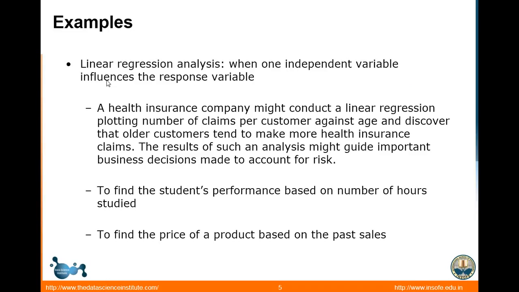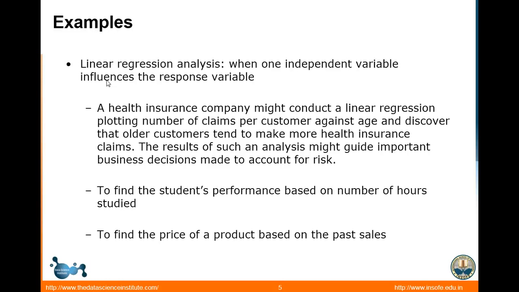So for example, the health insurance company might conduct a linear regression plotting number of claims per customer against the age, and discover that the older customers tend to make more health insurance claims. So here what we are studying is, from the past data, understand the influence of age on the number of claims. So here the age is independent variable, whereas the number of claims is dependent variable. That is what we will predict.